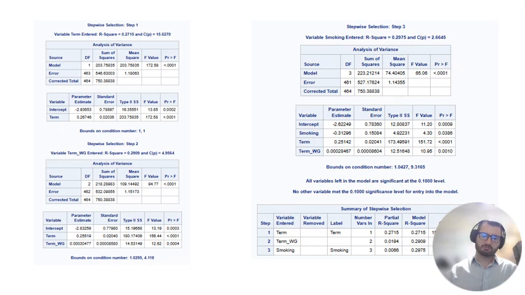So what it left us was just smoking, term, and then term times weight gain. So just like in the other model search, it did not substantially improve the model, with the R-squared value being almost identical. And also, one thing to point out was that the coefficient for term times weight gain was 0.00028.